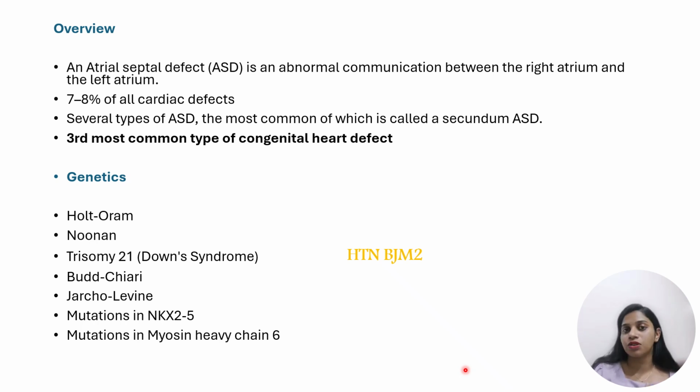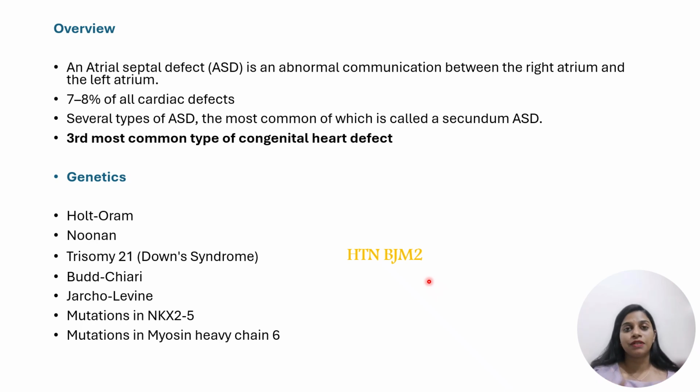So there is a syndromic association. For the students who are preparing for the cardiology examination, the cardiac sonography examination, or the board examination, I have mentioned a very short term, HDN BJM squared, just as a reminder about these genetic syndromes.